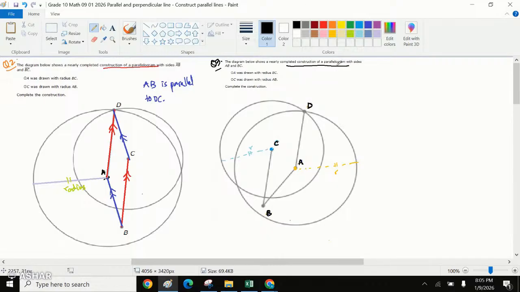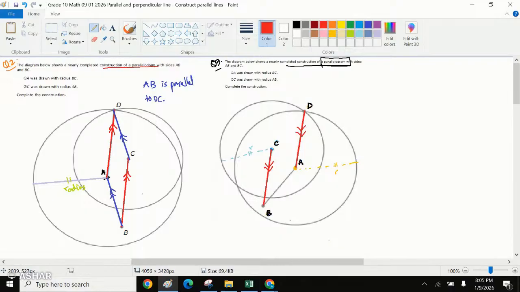A parallelogram would always have two pairs of parallel lines. So can we say that for the given information, the line segments CB and DA are parallel? If these segments were parallel, we draw arrows to show that these lines are parallel, right?